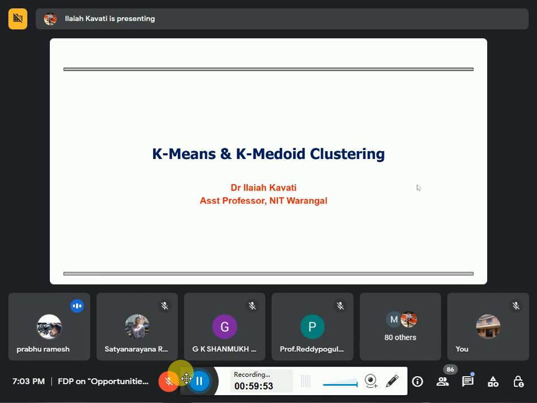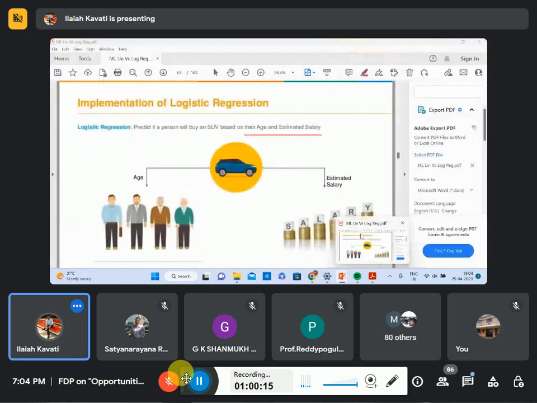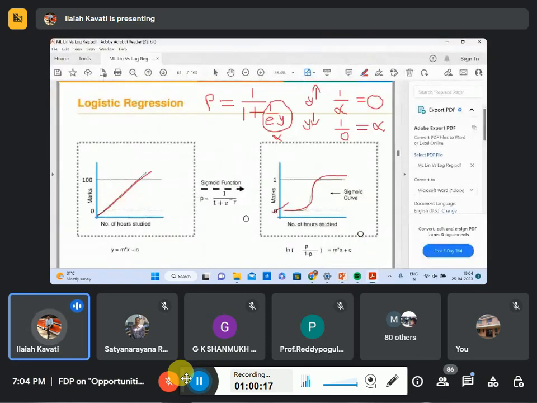Sir, one doubt. Since we are using regression as the input for the sigmoid function, because of that the name comes under logistic regression, sir. That is the logit function we are using. This is actually called the logit function. The probability p equals 1 by 1 plus e to the power of minus y.